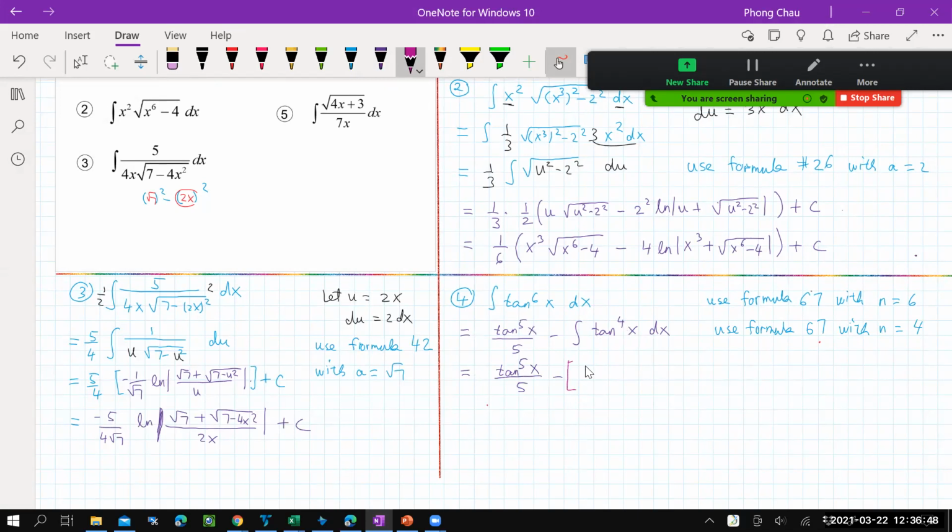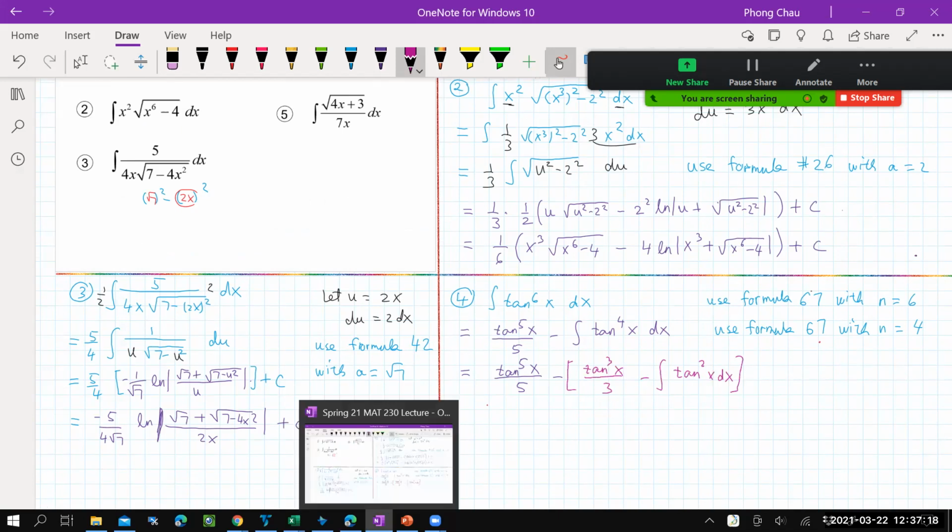This will be tangent cubed over 3 minus the integral, and then you have tangent squared, that's 2 less, dx. Okay. And then we have that integral to take care of. One more, right? Tangent squared, but it's good it's going down.